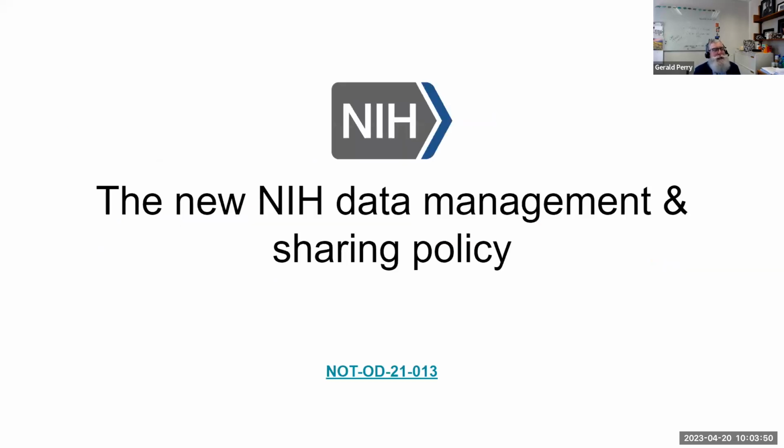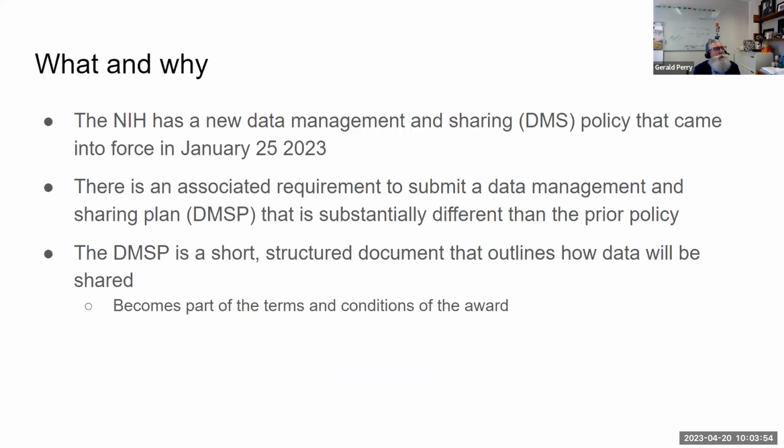So the new NIH Data Management Sharing Policy. What it is and why. NIH has a new data management and sharing policy. We call it the DMS or DMSP. It went into force in January of 2023. And there's an associated requirement with this policy that investigators submit a data management and sharing plan.